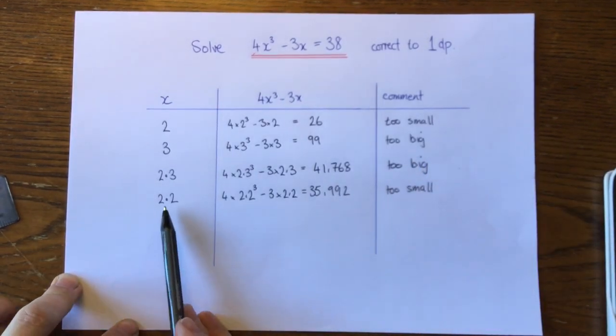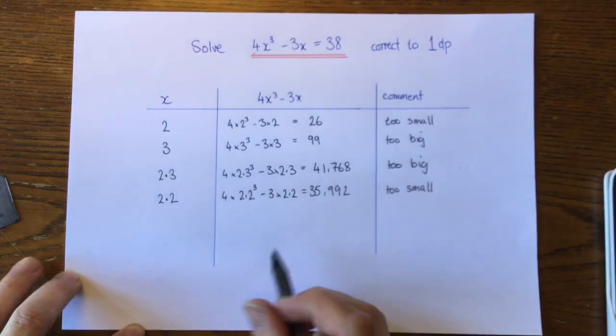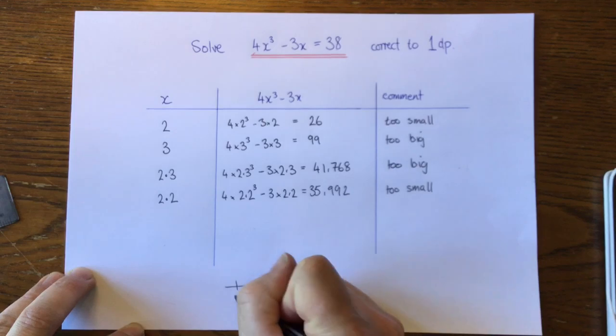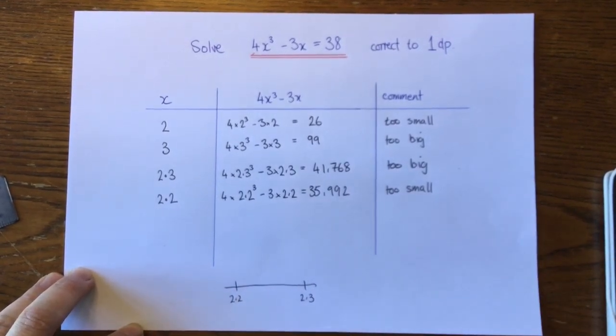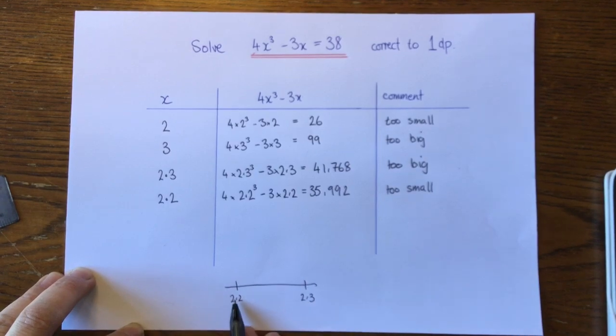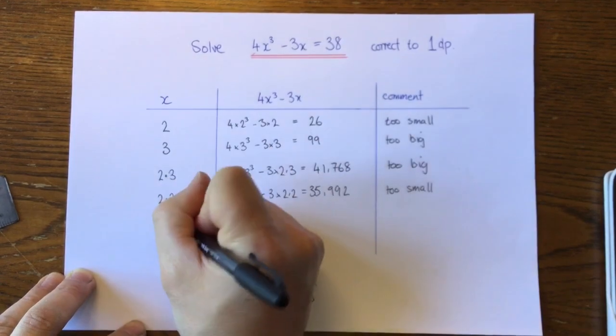But I do now know that when I get 2.2, I get an answer that's too small. 2.3 gives me an answer that's too big. So really my answer is somewhere between 2.2 and 2.3. Too big, too small. So let's try halfway between, which is 2.25.